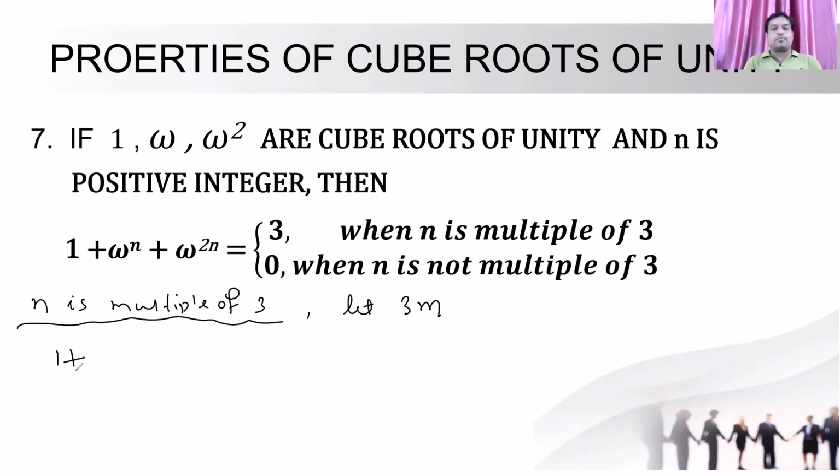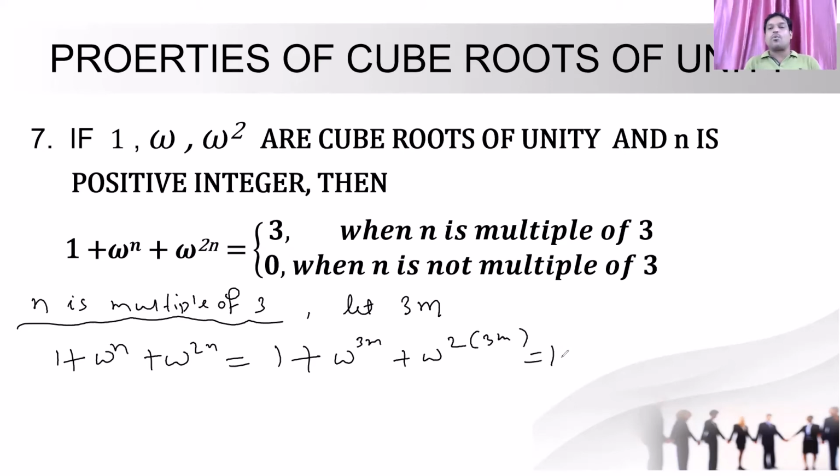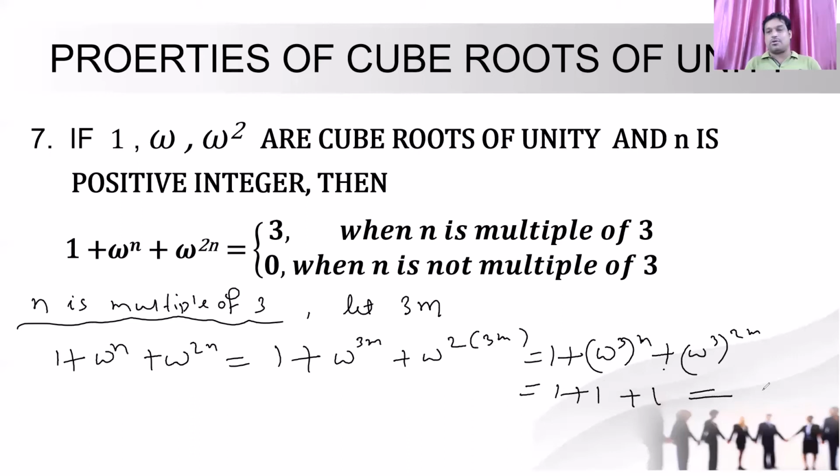So 1 plus omega to the n plus omega to the 2n: in place of n I write 3m, so 1 plus omega to the power 3m plus omega to the power 6m. We know omega cube is 1, so this is 1 plus 1 plus 1, equal to 3.